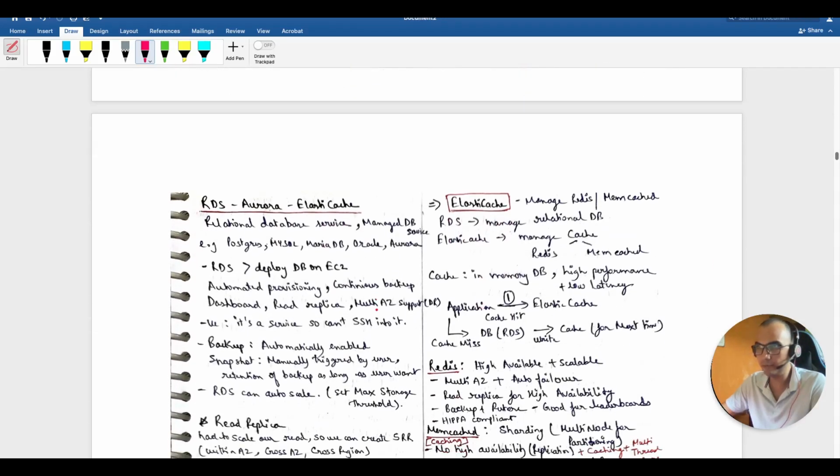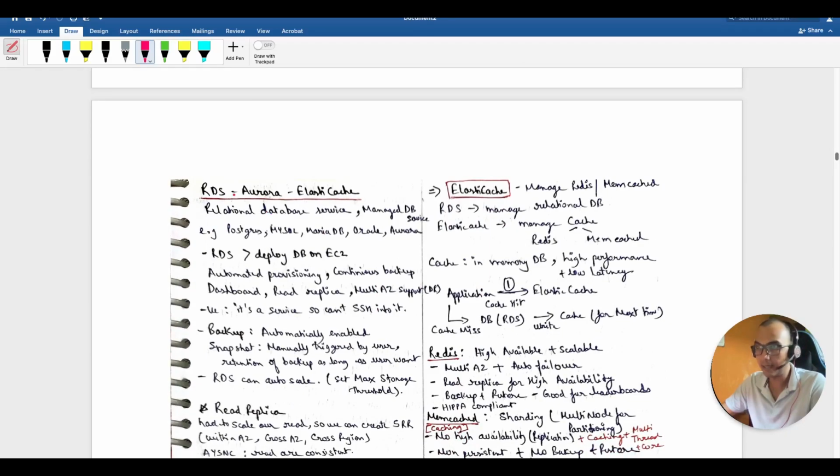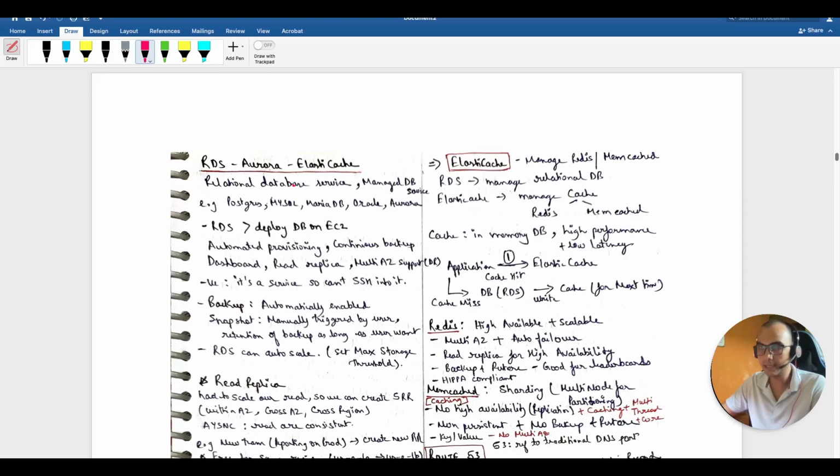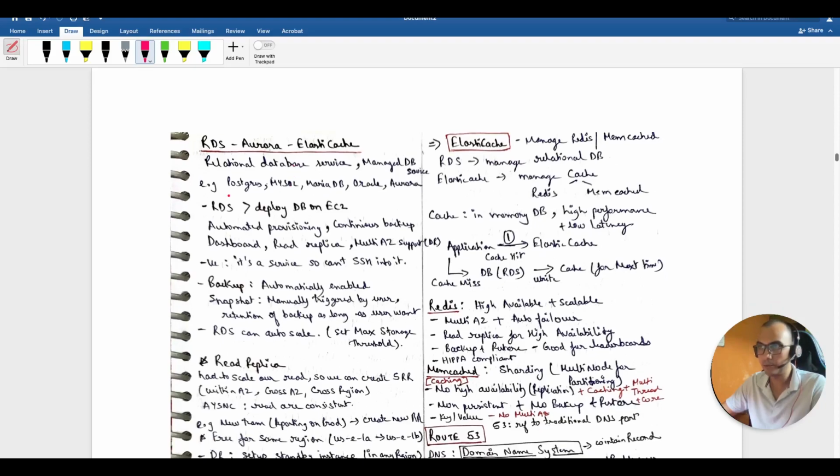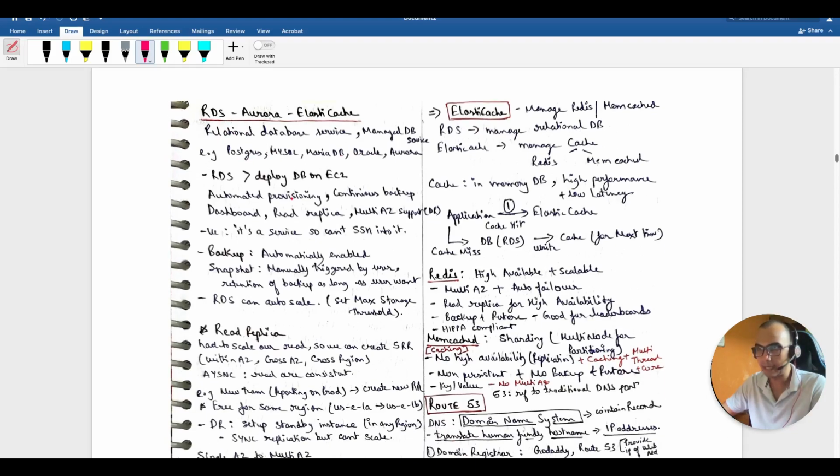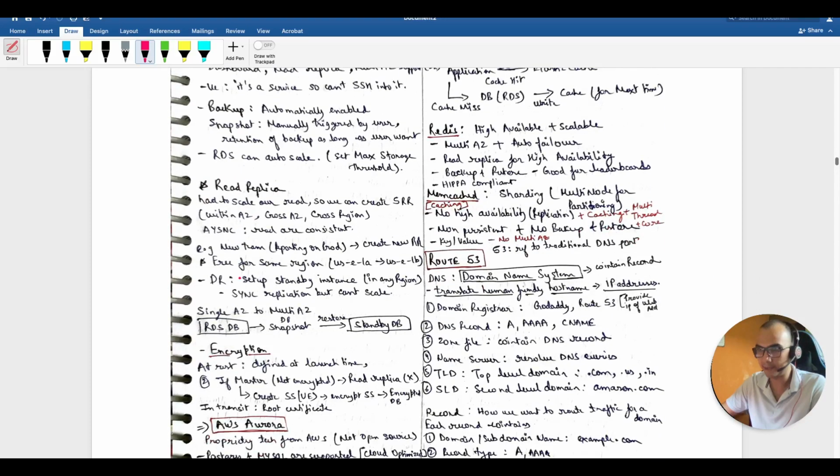After that, we move to our databases. Initially we have three important databases: RDS, AWS Aurora, and AWS ElastiCache. You have to remember that RDS is for Postgres, MySQL, MariaDB, Oracle, and Aurora. And after that, what is a read replica.